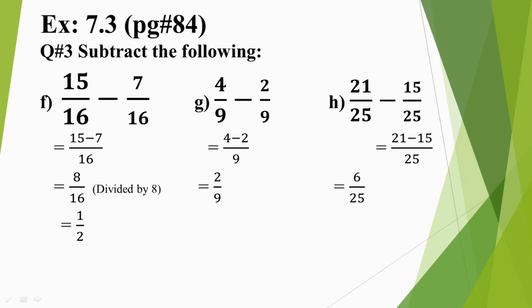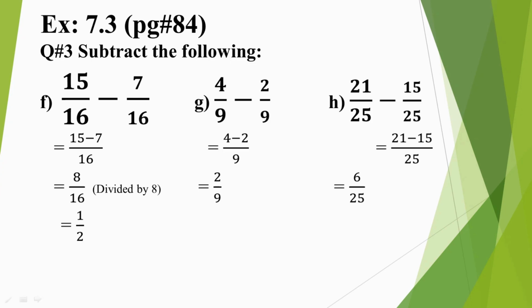That's the answer. Now we have 4 over 9 minus 2 over 9, and 9 is common in both, so the denominator would be 9, and we subtract the numerators, that is 4 minus 2. 4 minus 2 is 2, and 2 by 9 is the lowest form, as it cannot be further divided.